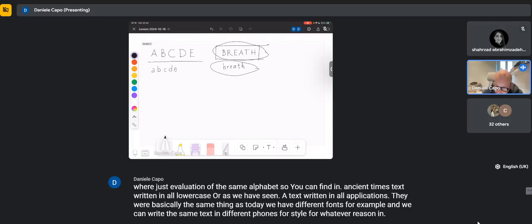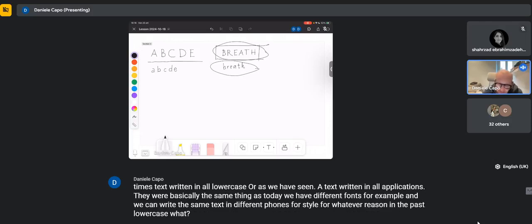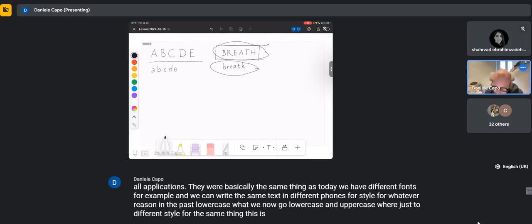In the past, what we now call lowercase and uppercase were just two different styles for the same thing. This is different now.